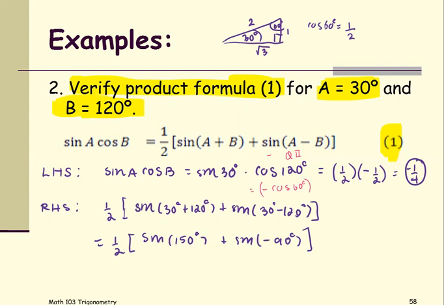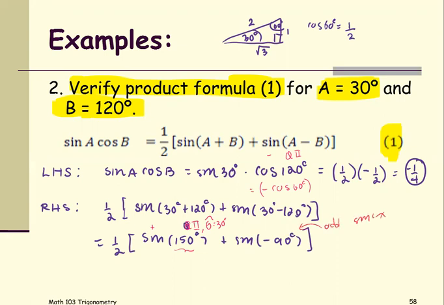Now, we look at each number. For 150 degrees in the second quadrant, so this is quadrant number 2, the sign is positive, the reference angle is 30 degrees. And then the second part, sine of negative, we're going to use the odd function property.